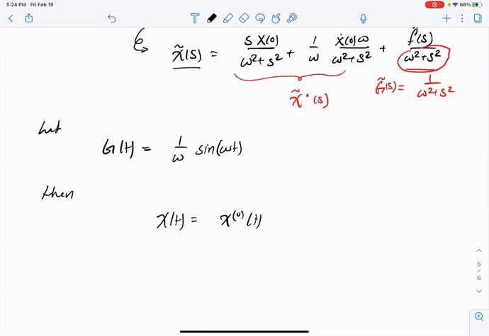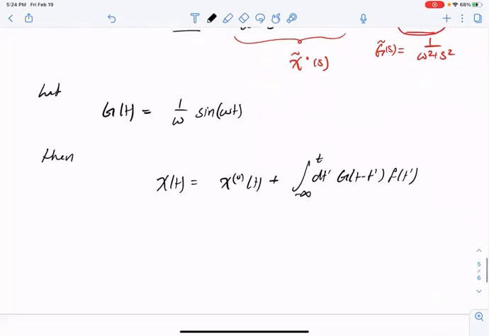And in addition, we now have a term that goes like a convolution of this function g with the applied force. So we have solved for the difference of the evolution of x in the presence and absence of the force.